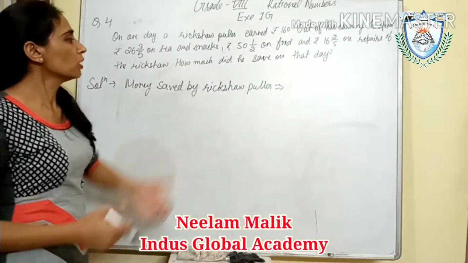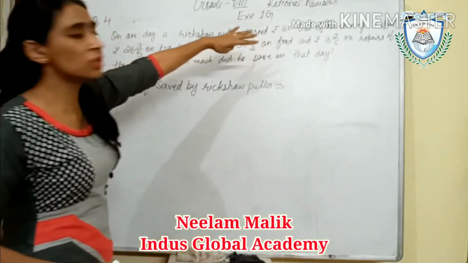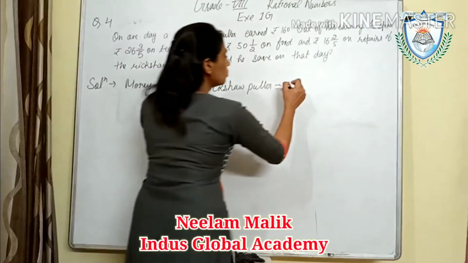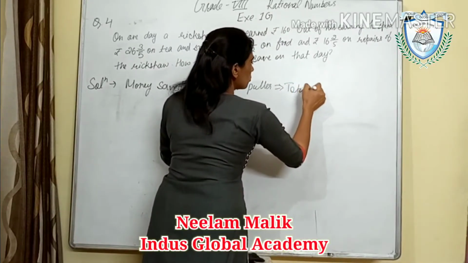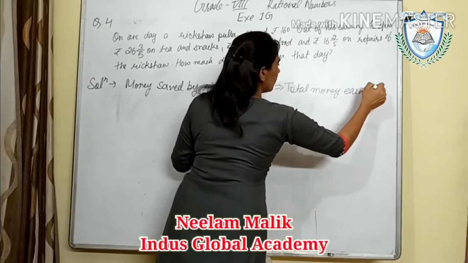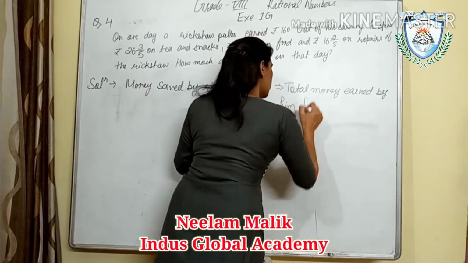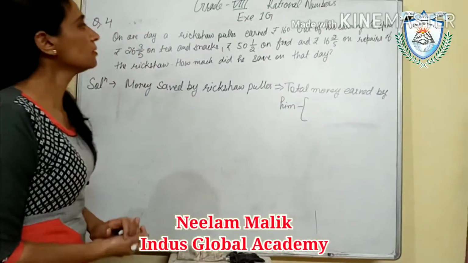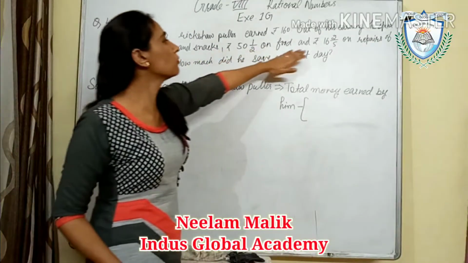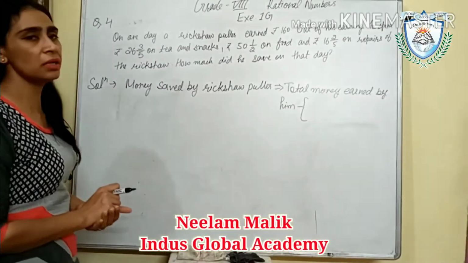So here we will write first the total earned money, or money earned by him. Total money earned by him minus money spent on tea and snacks, money spent on food, and money spent on the repair of the rickshaw. All these will be subtracted.